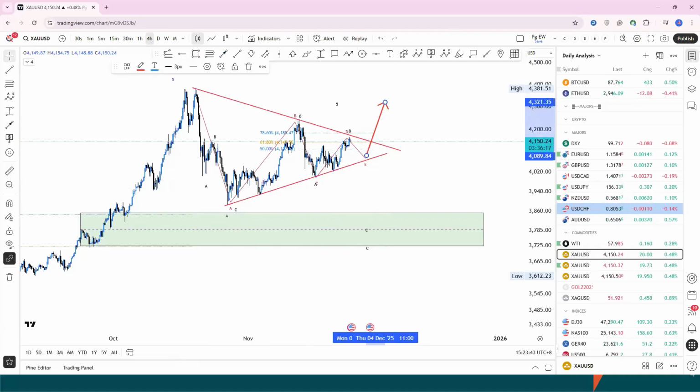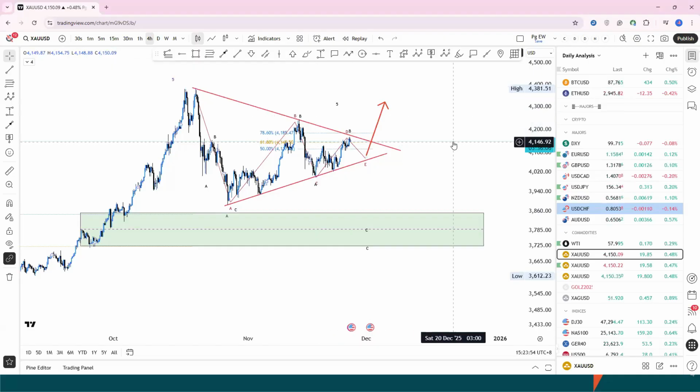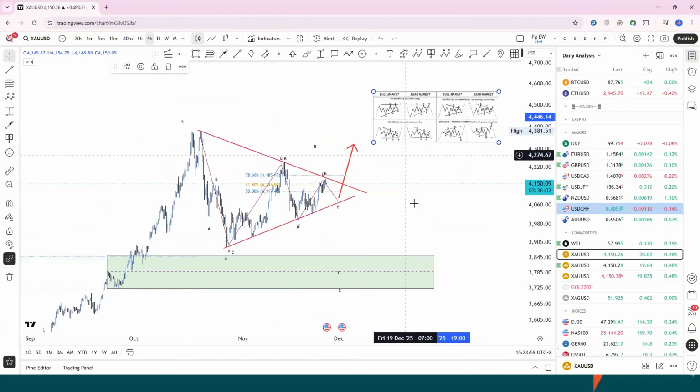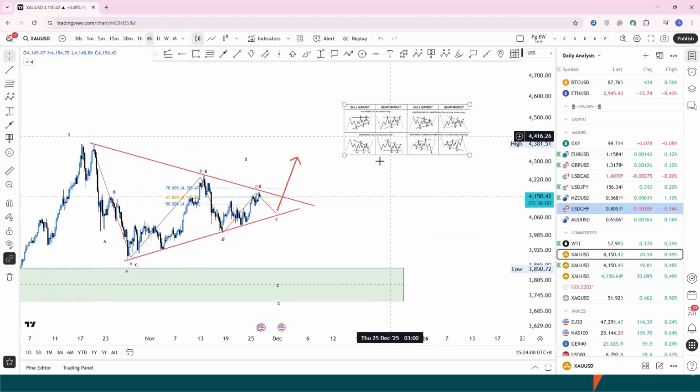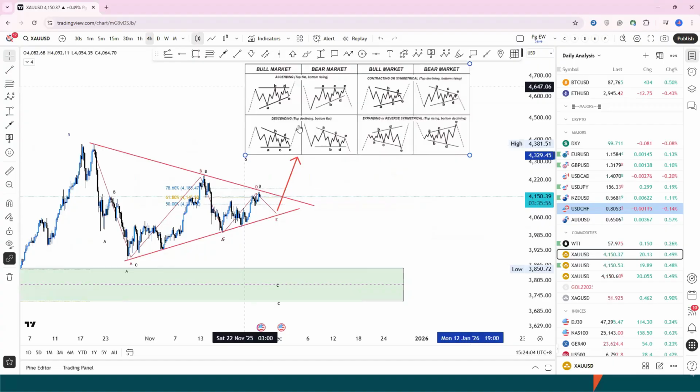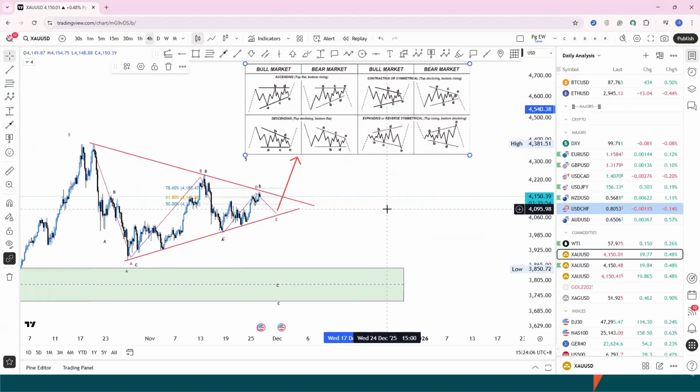Okay, let me find the pictures. This one. Here. With the blue market, bullish here, right?